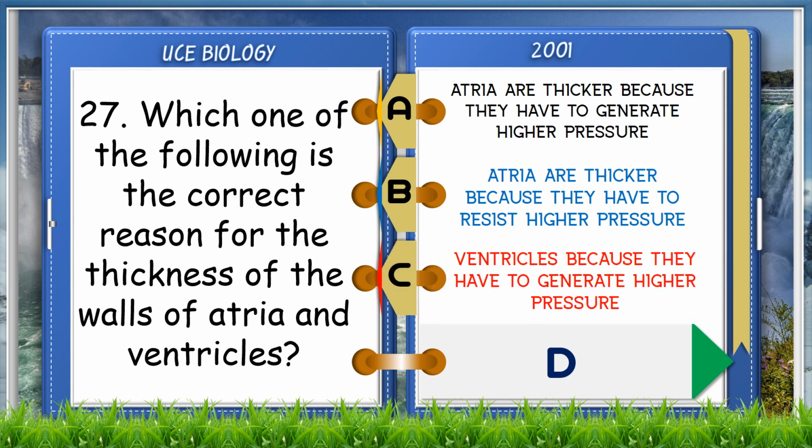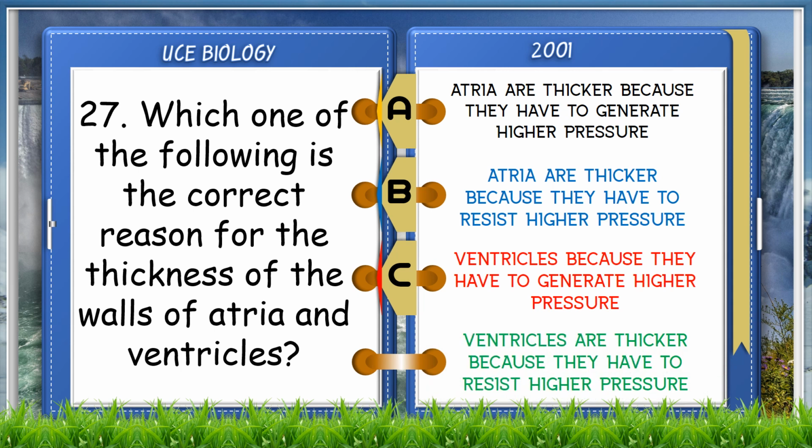C. Ventricles are thicker because they have to generate high pressure. D. Ventricles are thicker because they have to resist high pressure. The answer is C. Ventricles, because they have to generate higher pressure.